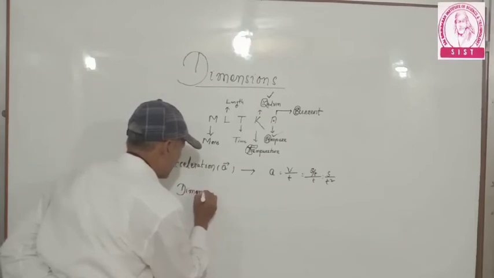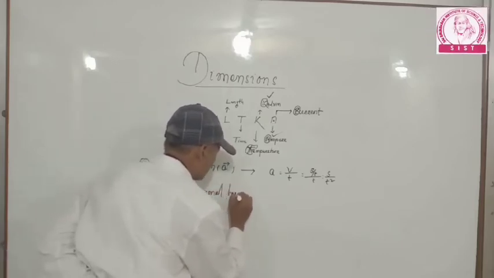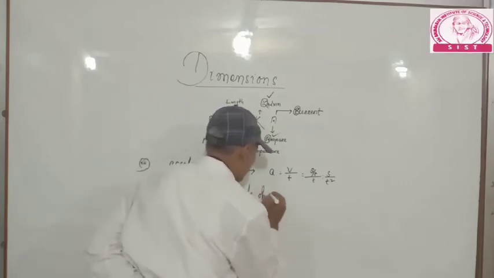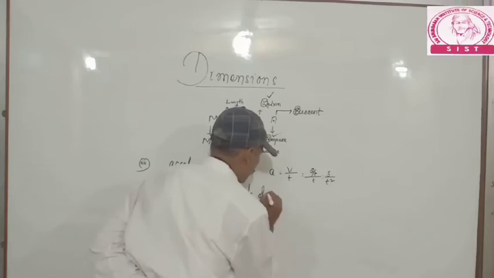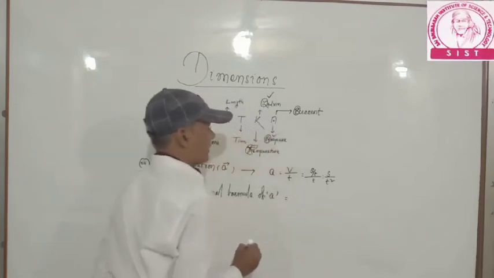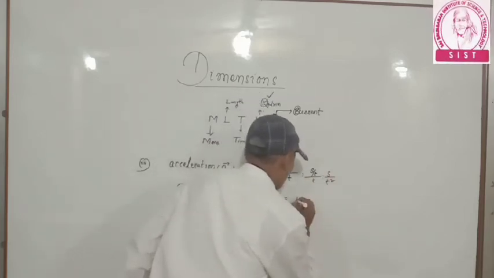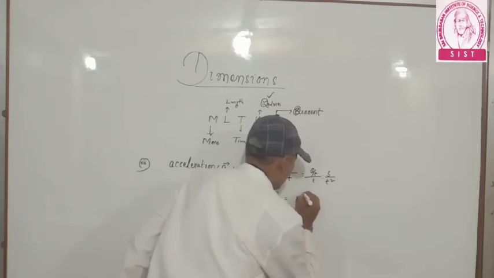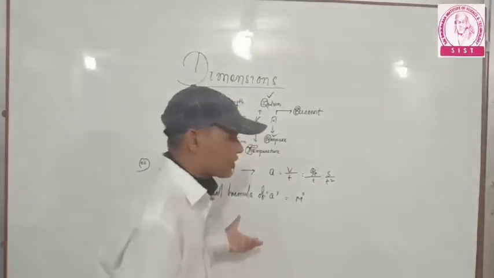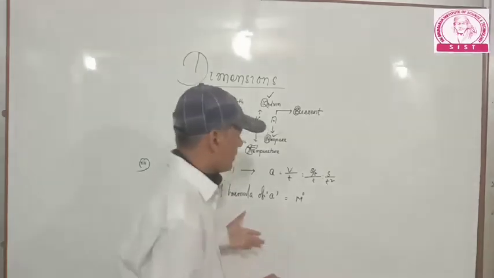Dimensional formula of A is equal to, you see it is independent of M, so here M to the power 0. Something to the power 0 means it is 1. 1 is a multiplicative identity.